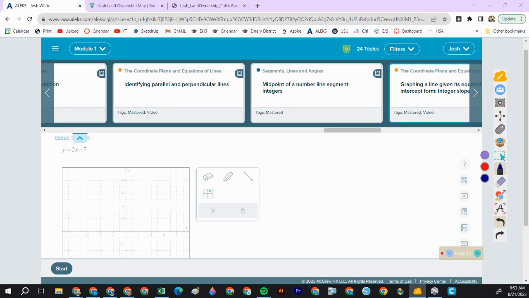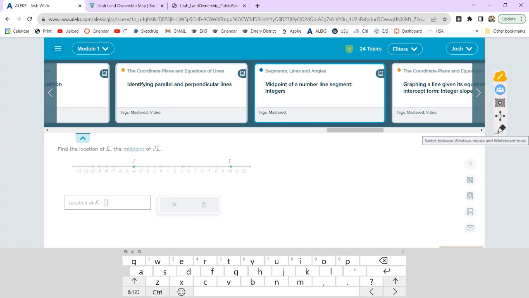It doesn't actually care which points you graph. All it cares about is that the line is in the right place. You can just do the line. I know it doesn't grade the dots, so you probably just do the line.